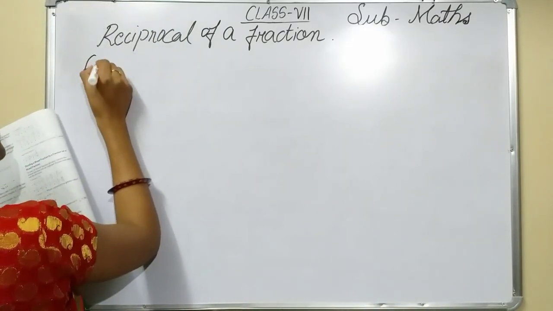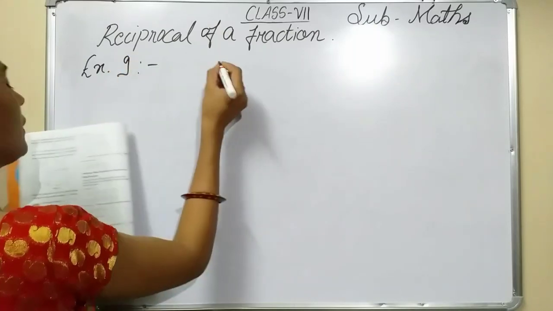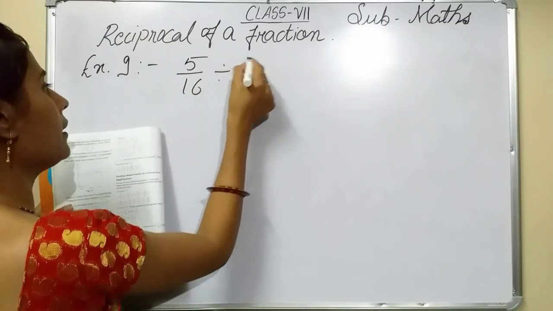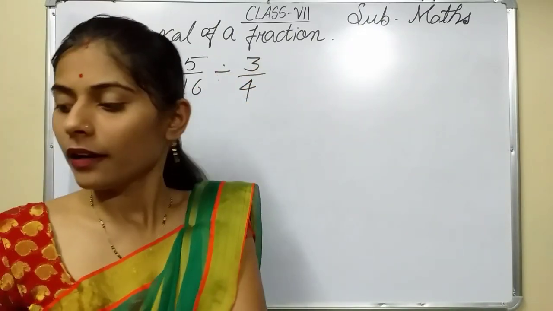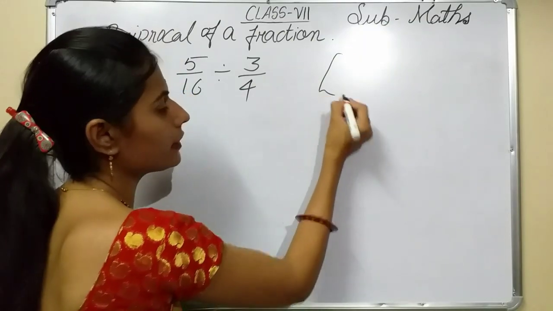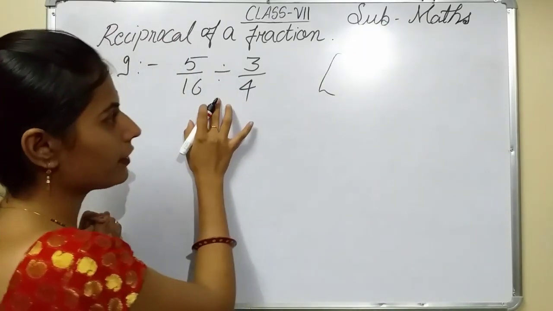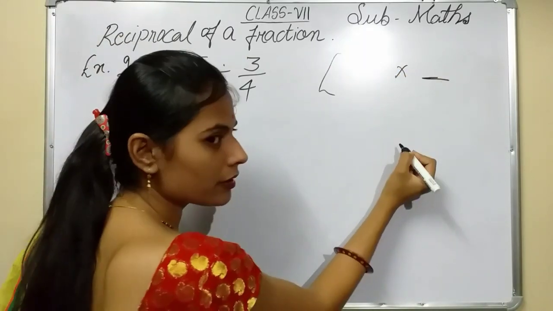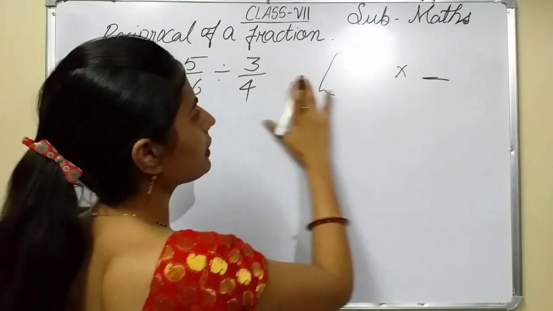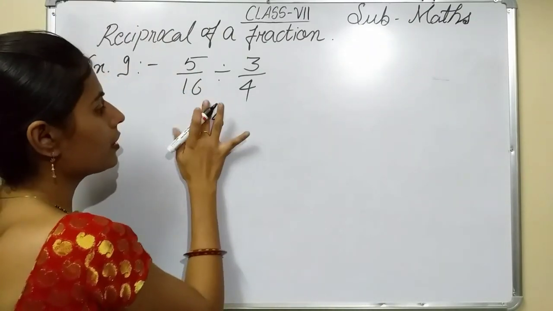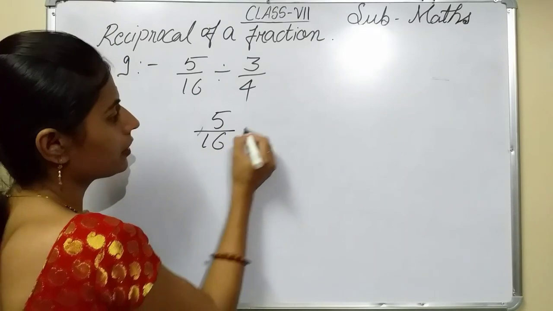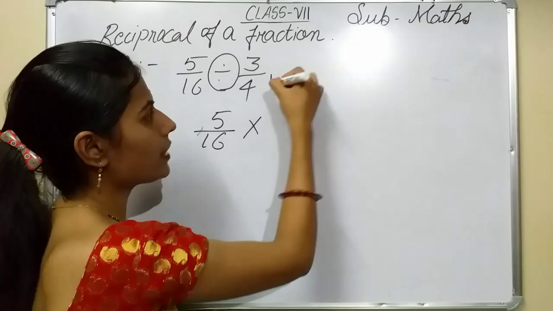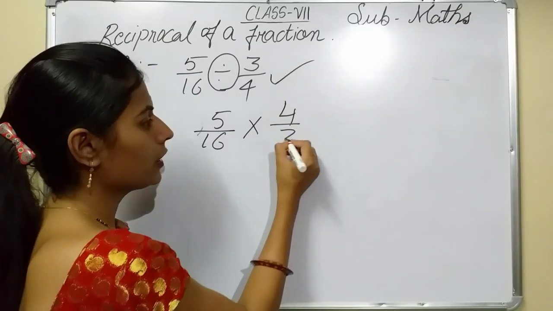Example number 9. 5/16 divided by 3/4. Here I want to explain that if divide is given, you have to put multiply and interchange the next fraction. So 5/16, change it into multiply, and change the number, that is 4/3.